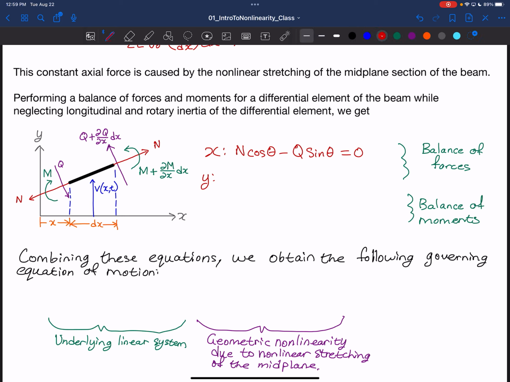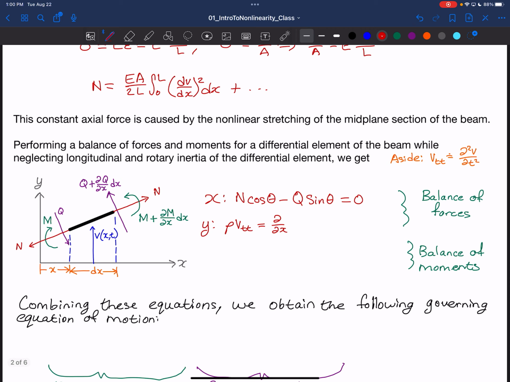In the y direction, now we're going to switch to using partial derivatives. Just as an aside, something like v_tt is equal to the second partial derivative of v with respect to t. So we use subscripts for partial derivatives, basically. So we're going to get rho times v_tt, and that's going to be equal to partial over partial x. And we have skipped some steps here in terms of switching from total derivatives in N to partial derivatives.